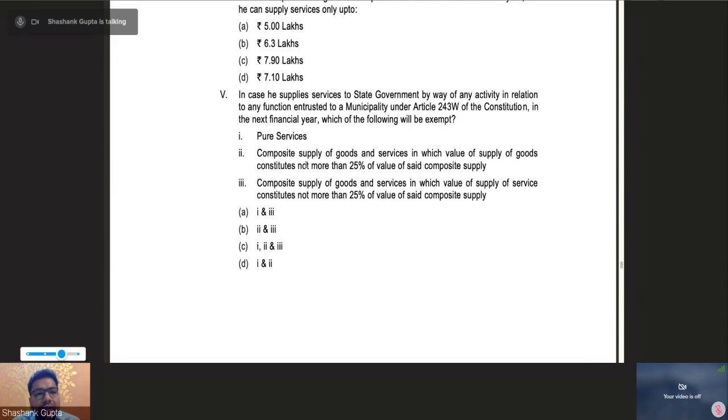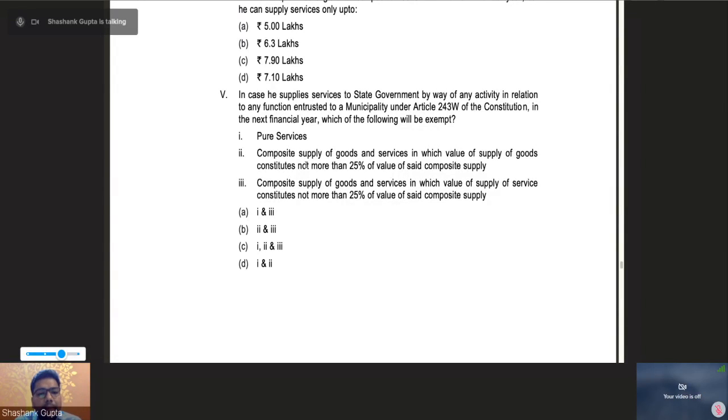So this question is from the Exemptions chapter. We have read that pure services, when provided in respect of any function entrusted to a municipality which has been constitutionally entrusted, shall be exempt from GST.